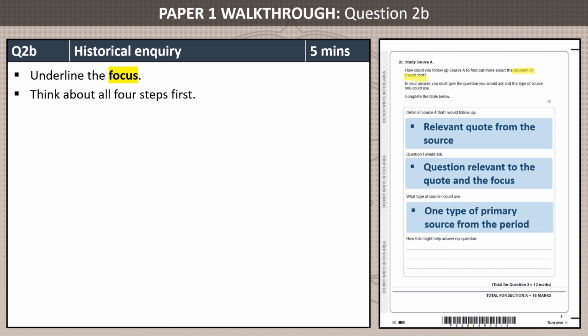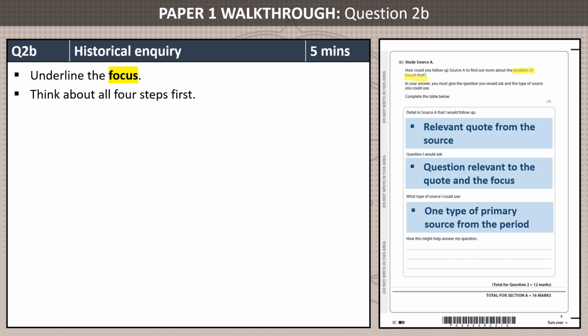In the next step, you need to come up with a specific type of primary source from the period, which you would use to answer your question. Now, by primary source, we mean a source created by people during the time period itself. So we don't want a television documentary or a web page.